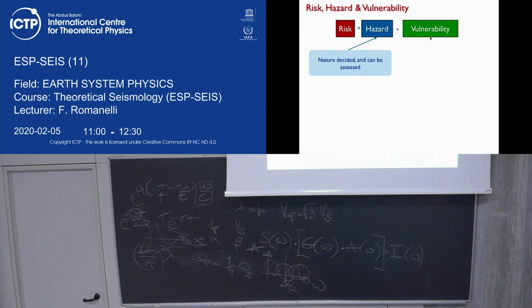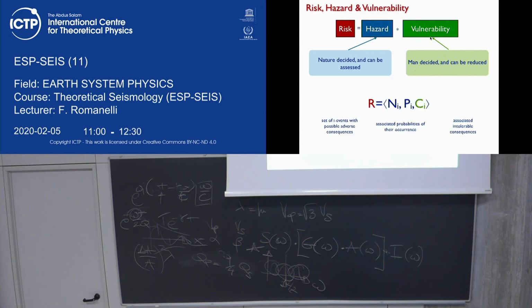We can assess it, but we cannot decide it. Vulnerability on the other side can be decided, using building codes, with evacuation routes for tsunamis, something like that. So you may have an event, but you're trying to get lower vulnerability, so as to lower the risk.